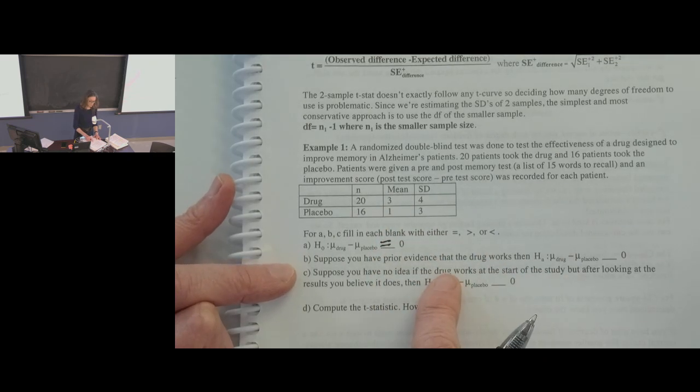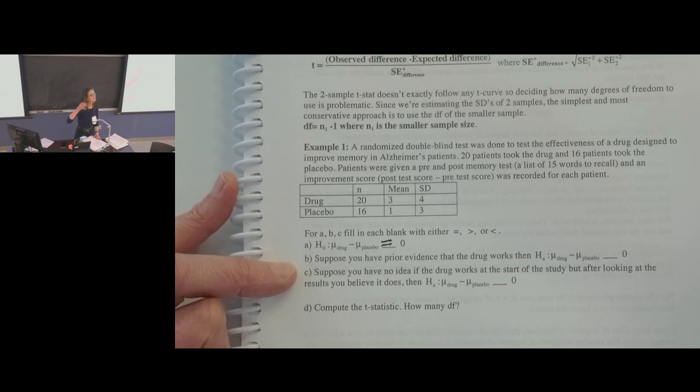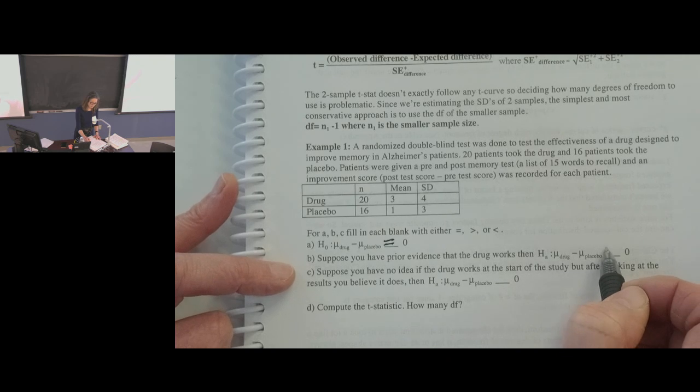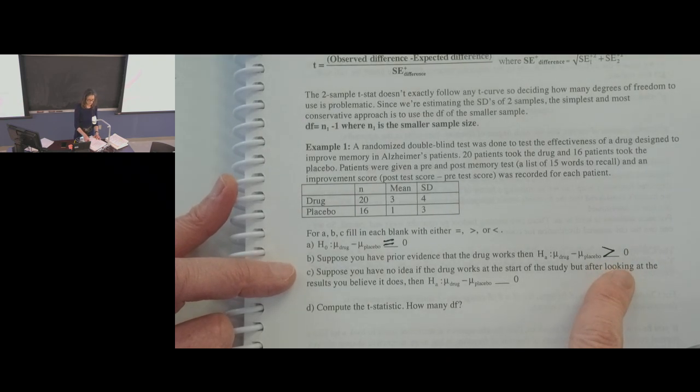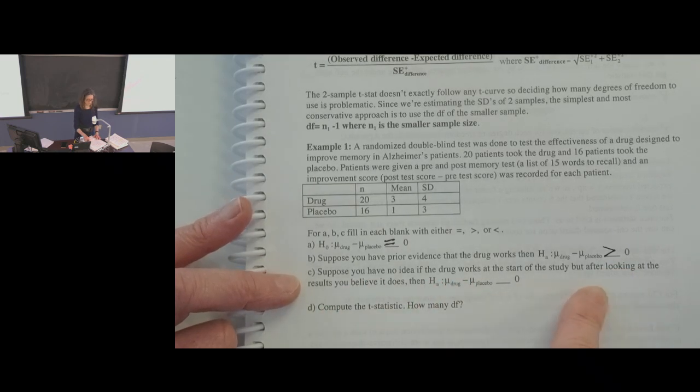Now, suppose you have prior evidence that the drug worked, okay? You've tested it before, you've seen it work. Like you've done it with rats or whatever, and now it's time to really do a clinical trial. You know it's safe in the laboratory, and you see that it works, then you can say it's greater than, okay? Because you have a reason to believe that. And you can use a one-sided. But suppose you have no idea if the drug works at the start of the study.